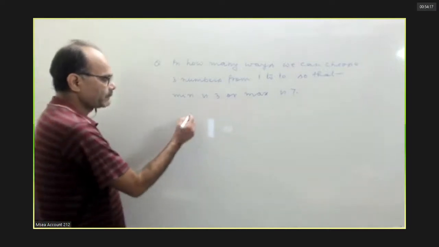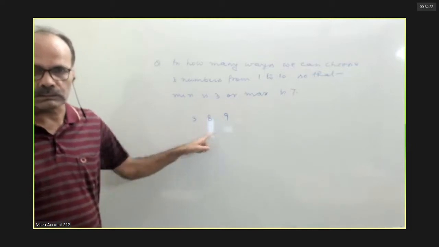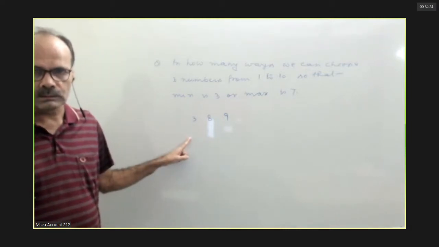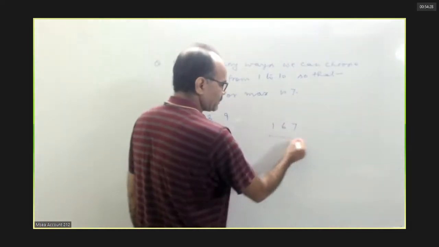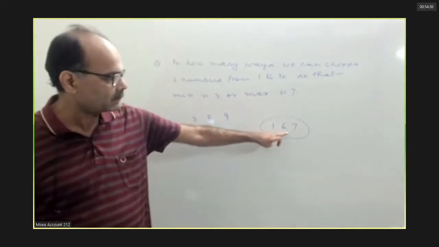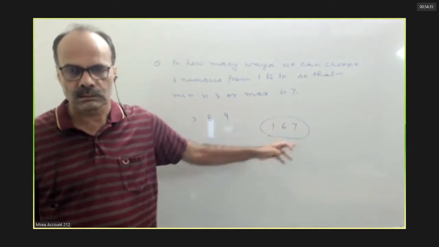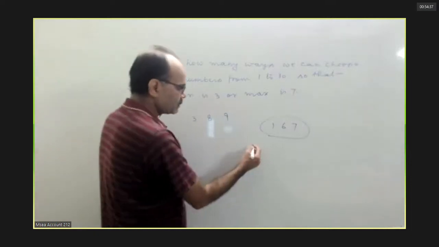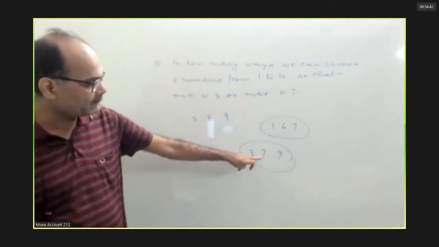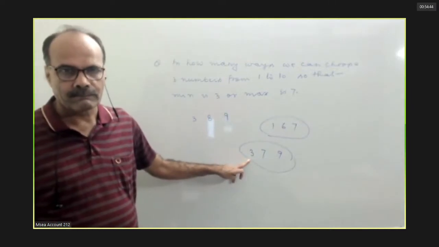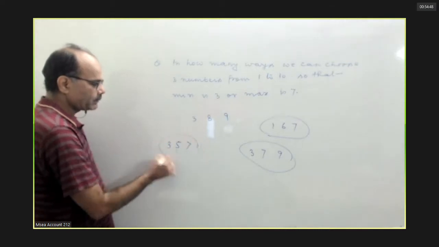For example, 3, 8, 9. This selection is permissible because the minimum is 3. And 1, 6, 7. This selection is also permissible because the maximum is 7. Now 3, 7, 9 is permissible, the minimum is 3. 3, 5, 7 is also permissible.